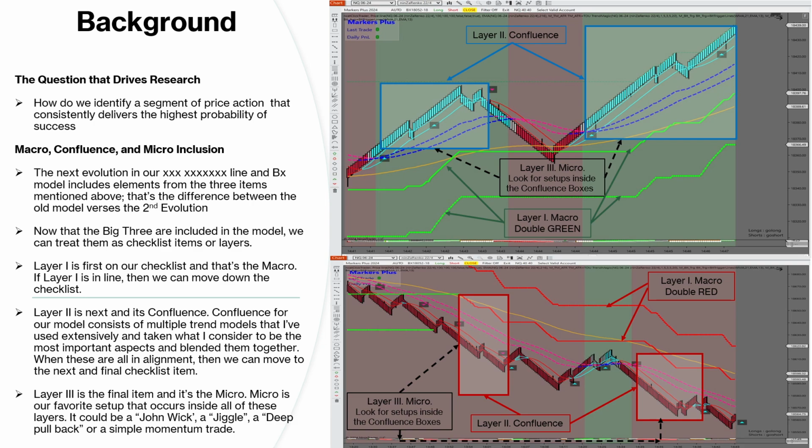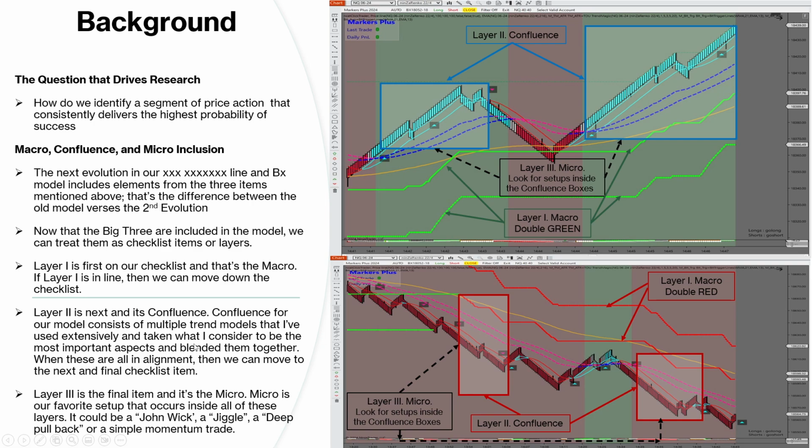So how do I keep myself on track looking for long trades in these really deep, really severe pullbacks? I use these to define the macro. And when they're both green, we're looking for long trades. When they're red, we're looking for short trades. So that's layer 1. It's real quick, easy to check out.